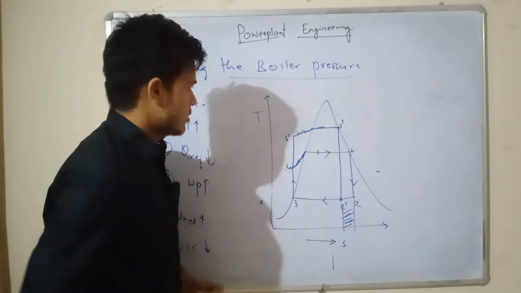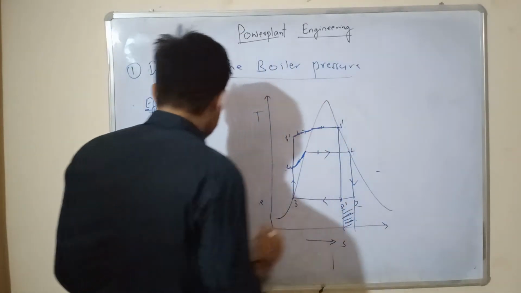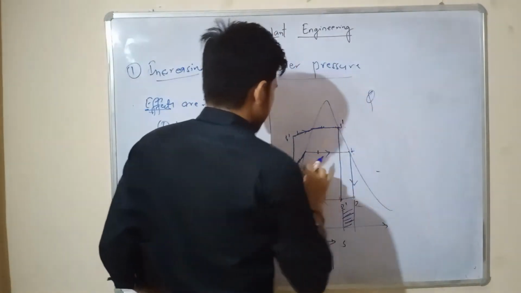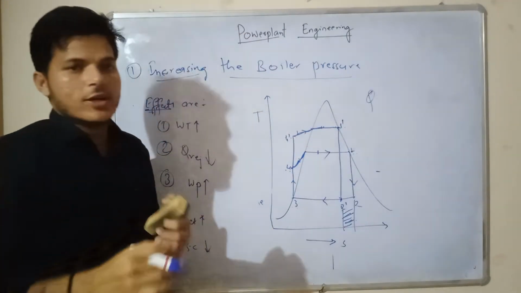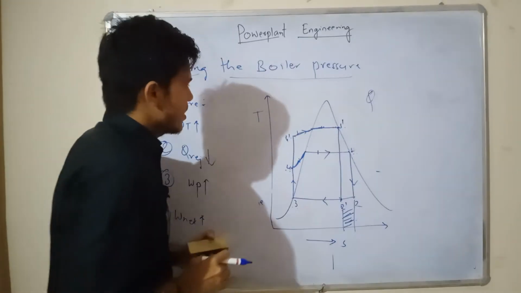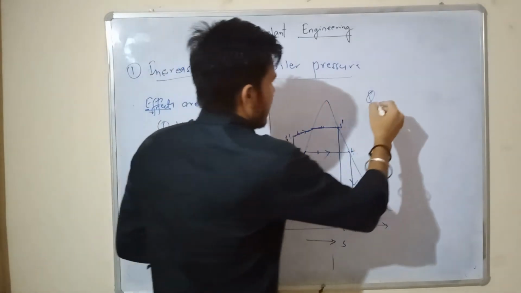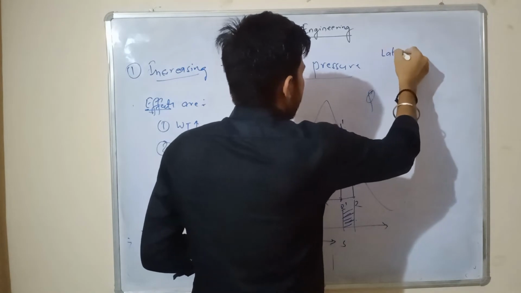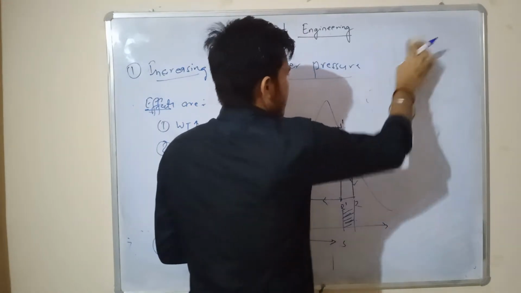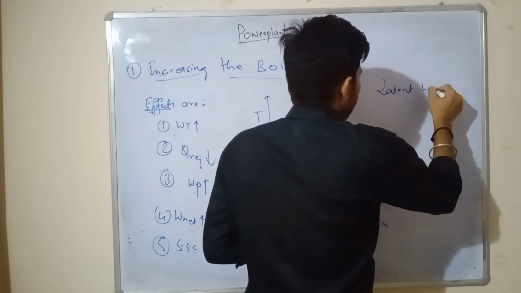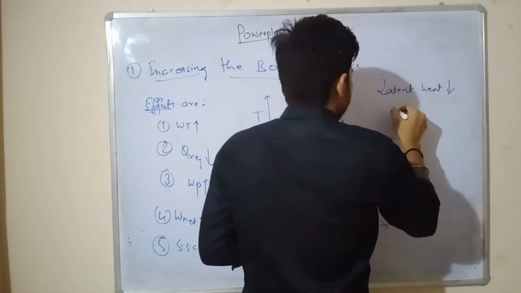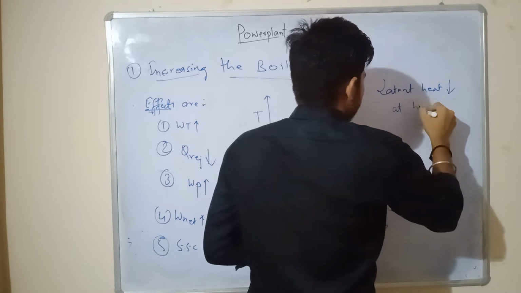It means that the 4 to 1 process indicates the supply of heat, Q supply. After increasing the pressure, the latent heat QL decreases. Latent heat decreases at a high pressure.